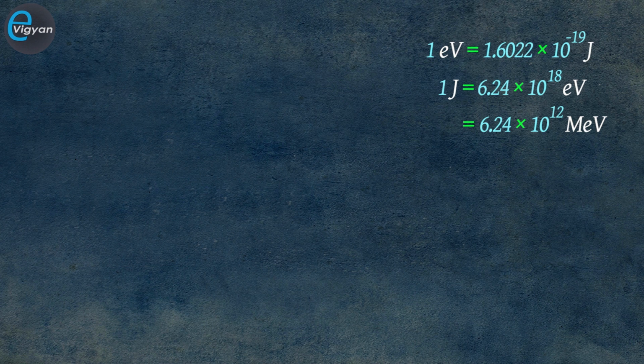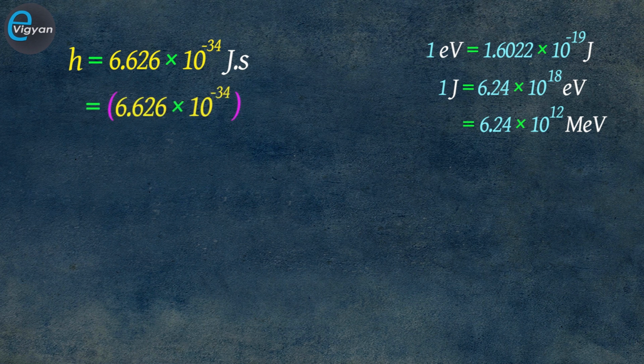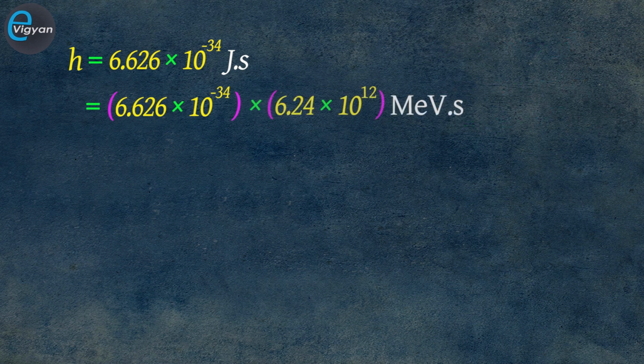So if you convert the unit joule into MeV, then the Planck constant will be h equal to 6.626 times 10 raised to power minus 34 joule second, which is equal to 6.626 times 10 raised to power minus 34 times 6.24 times 10 raised to power 12 MeV second, and it comes out to be 4.1356 times 10 raised to power minus 21 MeV second.